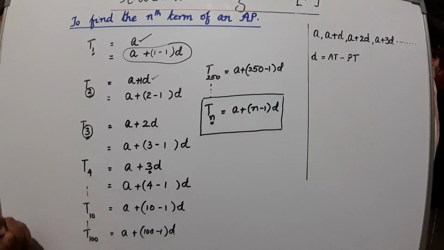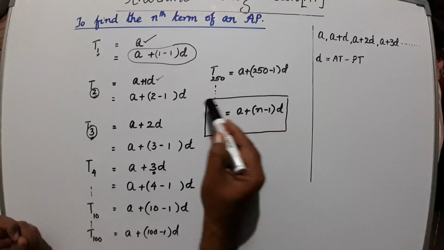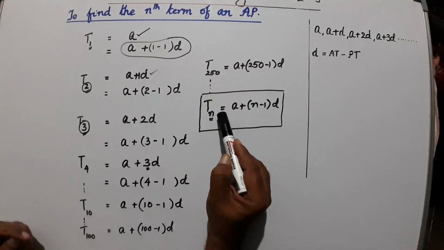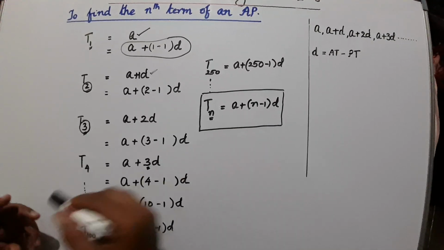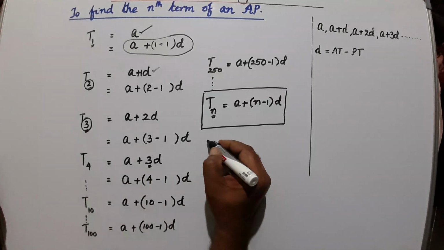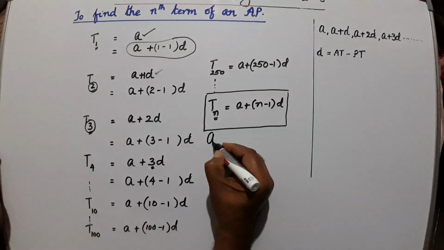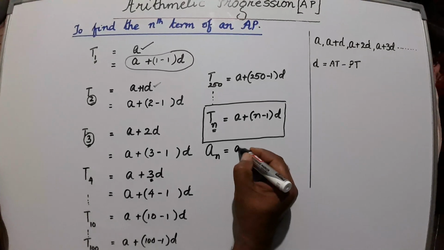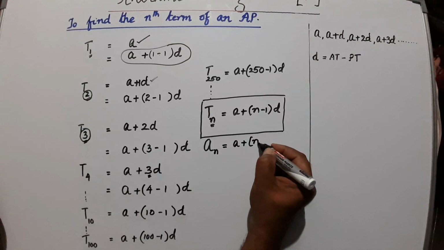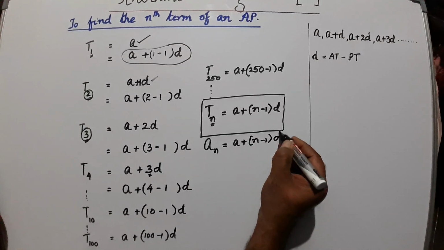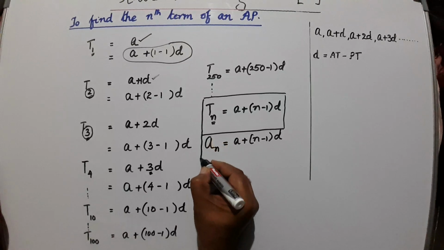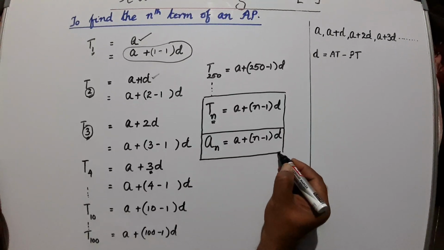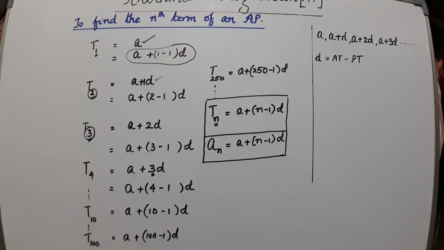What we use in your grade is the formula to find the nth term, and the nth term formula is Tn is equal to a plus n minus 1 into d. In the NCERT textbook, instead of Tn, they write it as an, that is equal to a plus n minus 1 into d. Both are the same, but I prefer representing the terms of an AP as T1, T2, T3, T4, Tn.